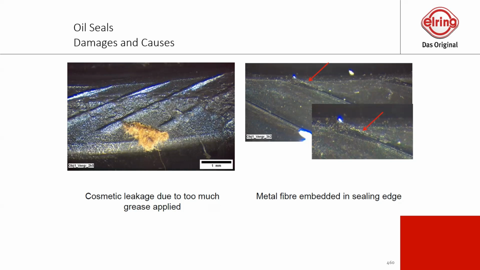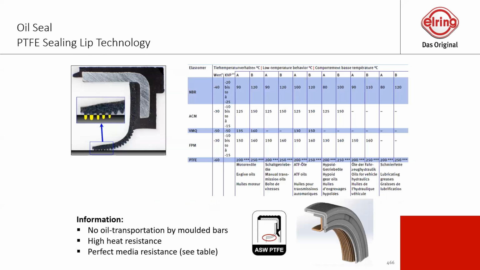So there was also some other technology, called the PTFE oil seals. The PTFE oil seals were invented because of heavy duty applications, the heavy duty engines. It came up because trucks had earlier steps to get better emissions: Euro 4, Euro 5, Euro 6.